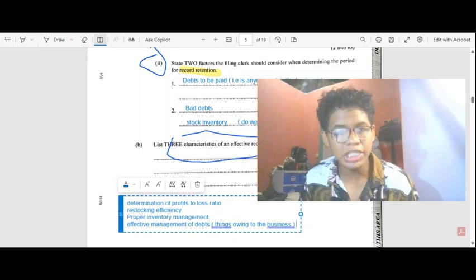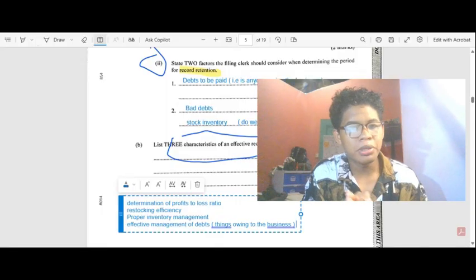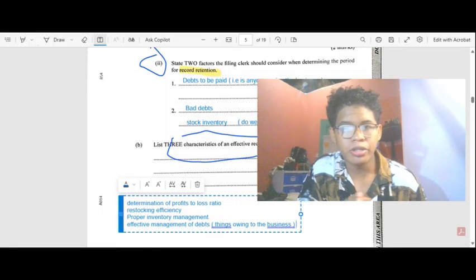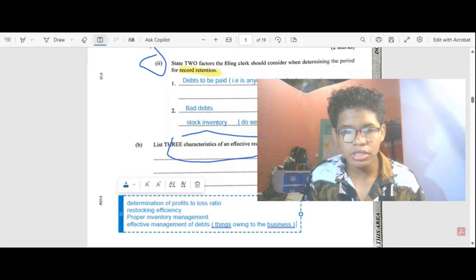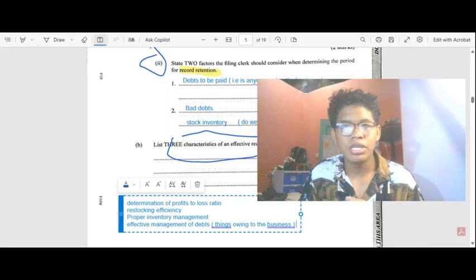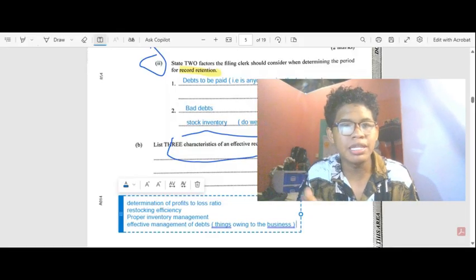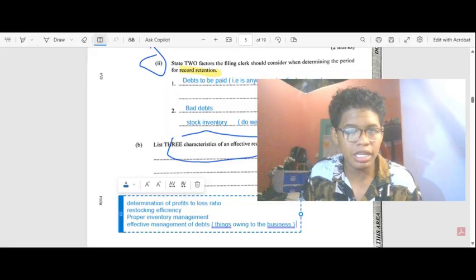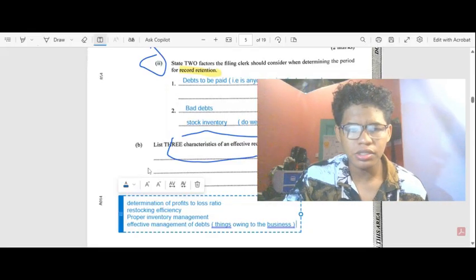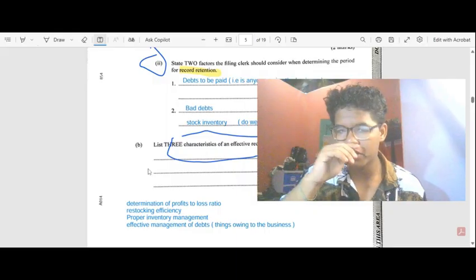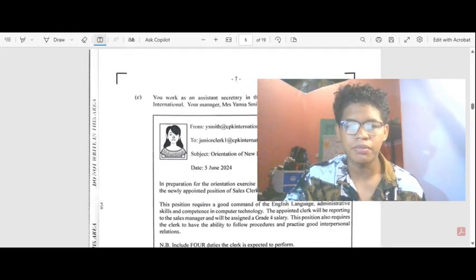Proper inventory management: are they properly managing the inventory to make sure we're not running out of goods? Effective management of debts: making sure that the debts are paid and keeping accurate accounts of the debtors' accounts and stuff like that.